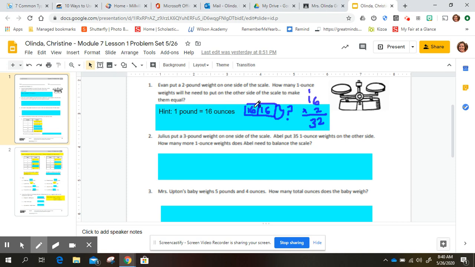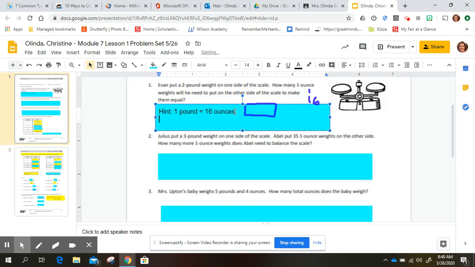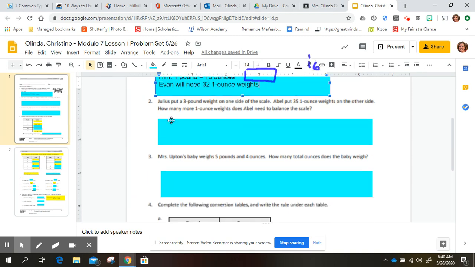He will need 32 1-ounce weights. So I'll type it in here. Evan will need 32 1-ounce weights.